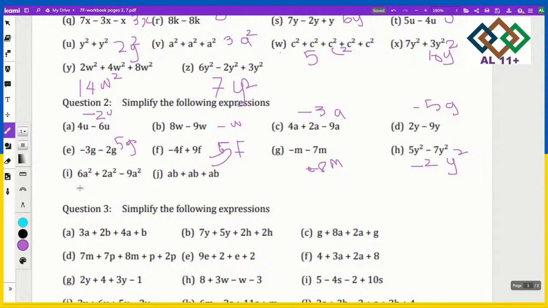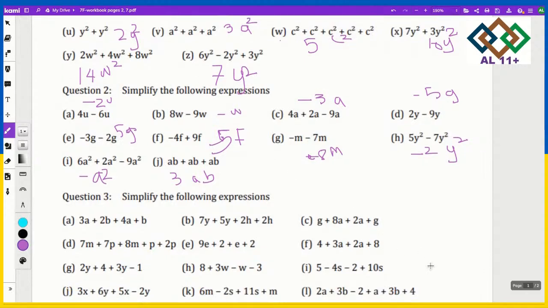Then you have I. That would be a square. We have taken the sign of 9. And the last one is j. Would be 3ab. So let's move on to the next one. That's section 3. I hope you all are getting how to do it. It's not hard. When you get into this, you understand it.